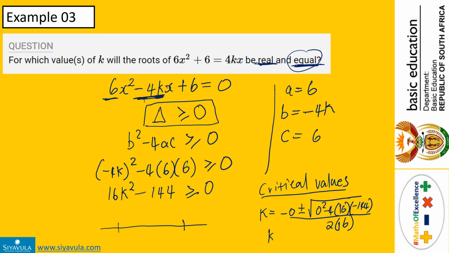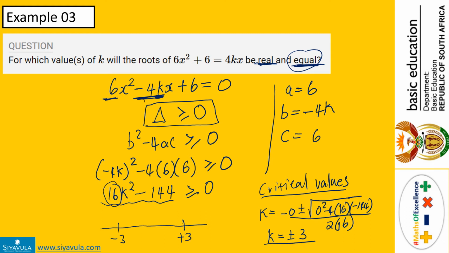I just want to solve for the critical values using my quadratic formula, because this is a quadratic graph. I'm going to get plus and minus 3. So we have minus 3, and we also have plus 3.